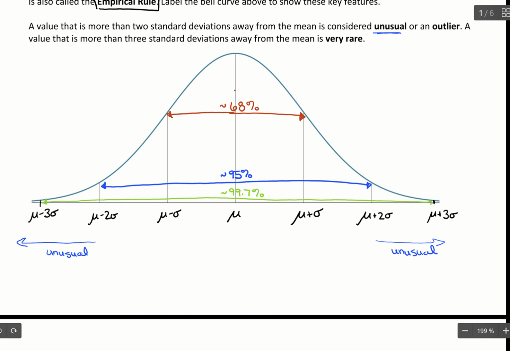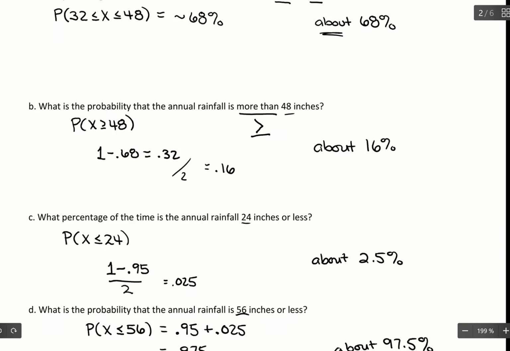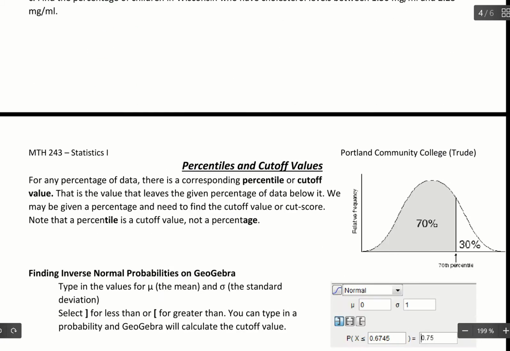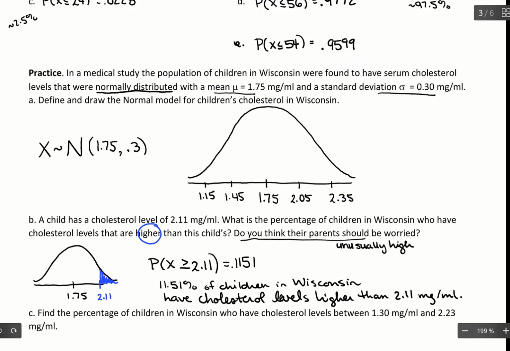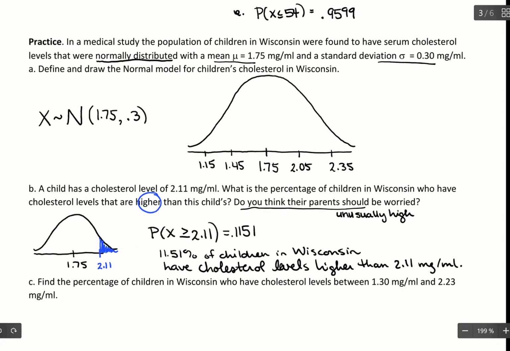Meaning with that 95% in the middle, there's this 2.5%, 2.5%. So it's not landing in the unusual region for this question. For our number line here, where 2.35 is 2 standard deviations above, 2.11 is somewhere within there. So it's not unusually high, although parents should probably always be worried about this. So statistically, no, but maybe in day-to-day, yeah.